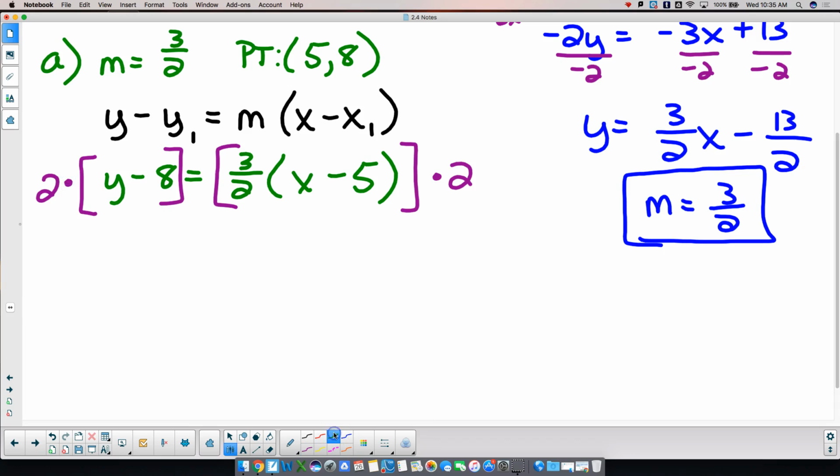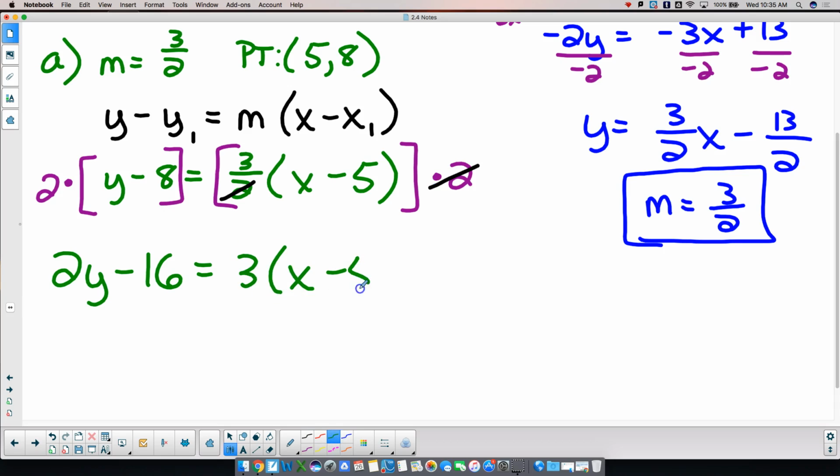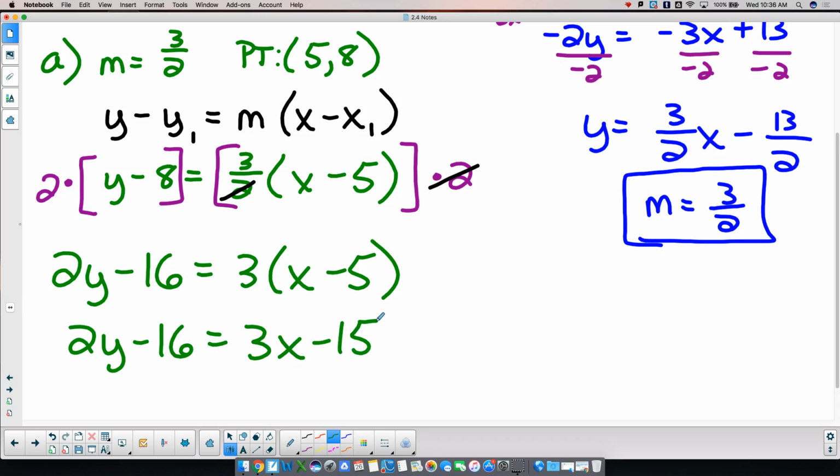That's going to give me 2y minus 16 equals, this is going to cancel out the fraction, that's why I'm doing this, 3 times the quantity x minus 5. Now I can distribute again. I could have really distributed that 3 right away if I wanted to. 2y minus 16 is equal to 3x minus 15.